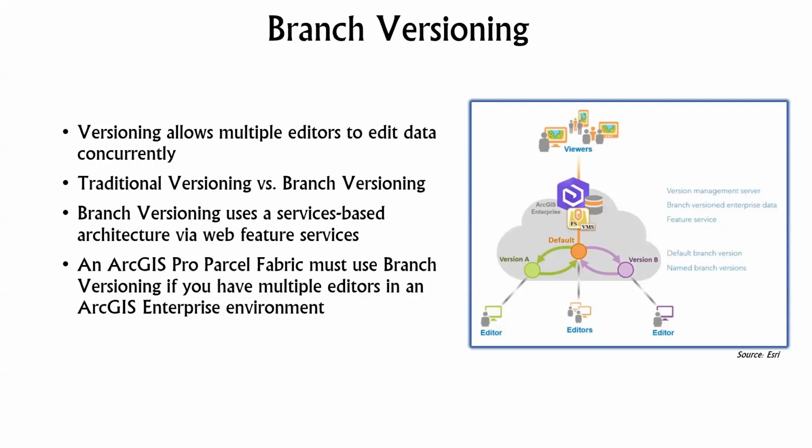If you are using multiple editors in an ArcGIS enterprise environment with the ArcGIS Pro Parcel Fabric, you must use branch versioning. Also, a services-based architecture such as this allows you to share the Parcel Fabric across multiple platforms: desktop, mobile, and web.